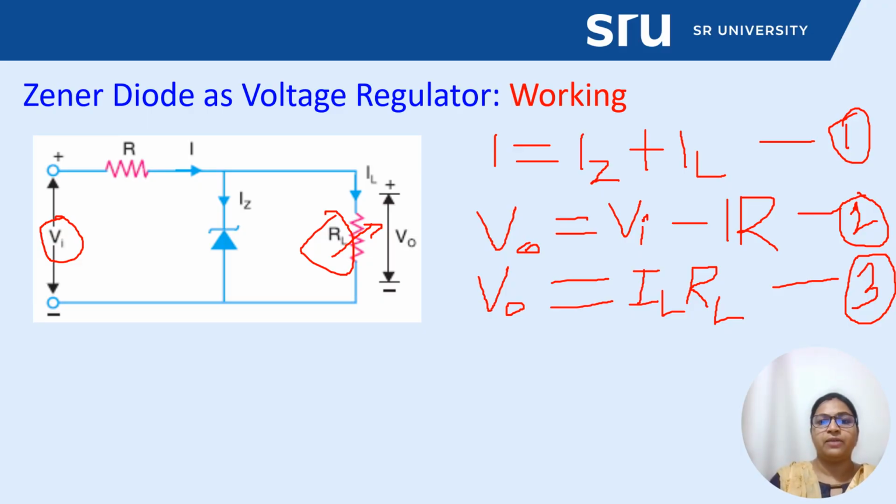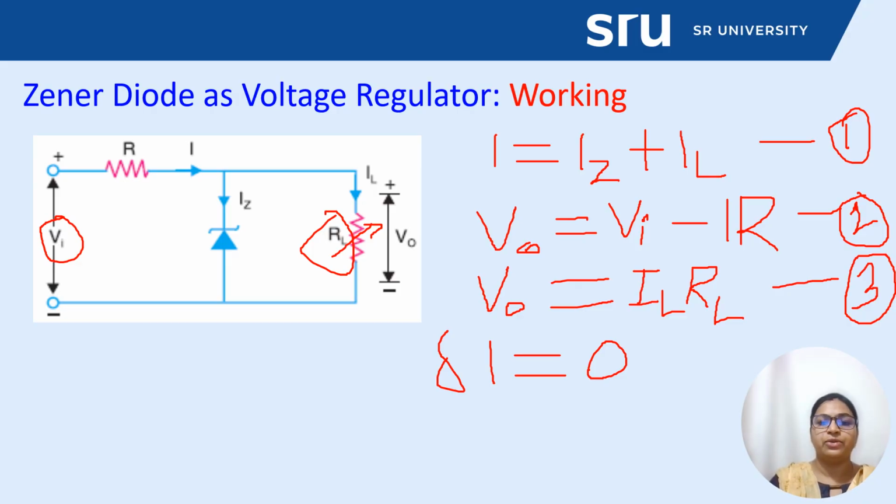So finally from equation 1 we get delta I is delta Iz plus delta IL, so delta Iz is basically minus delta IL. If we vary the load and VI and R are constant, then delta I is equal to 0 because the voltage and R both are constant.